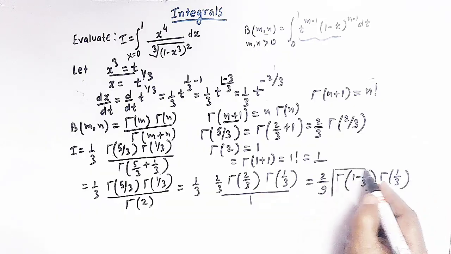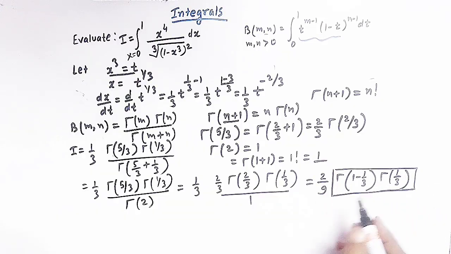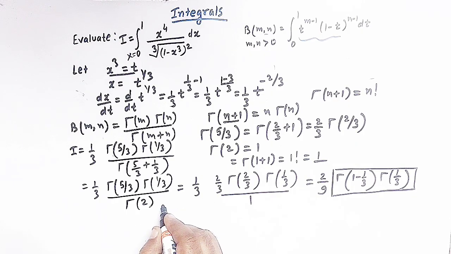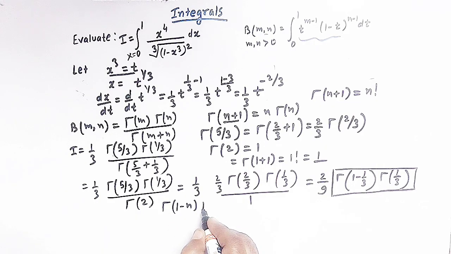So now let us look at this expression. So we know that from Euler's reflection formula, that is gamma of 1 minus n times gamma n is equal to pi over sine n pi, right?